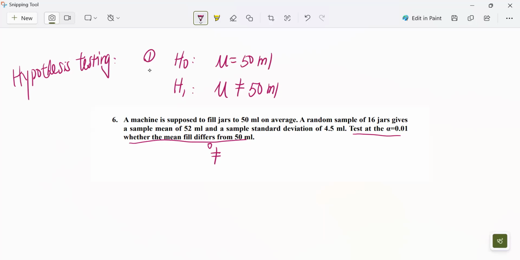And the second step is to calculate the test statistic. In this case, we are using the central limit theorem.